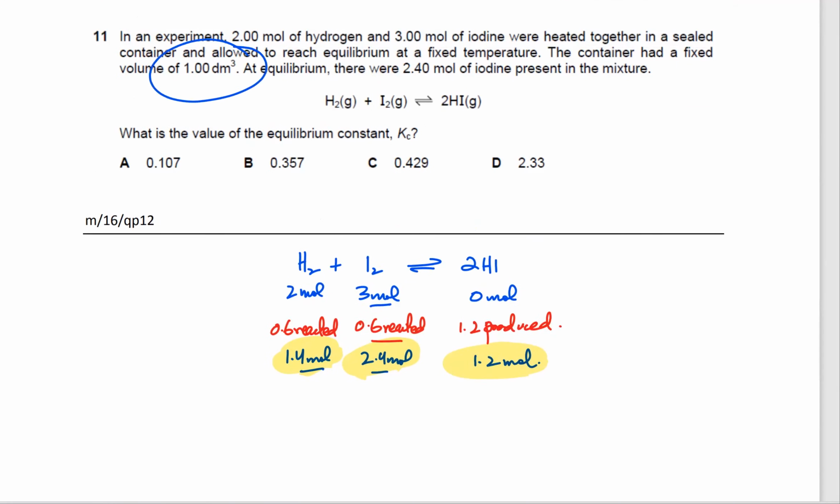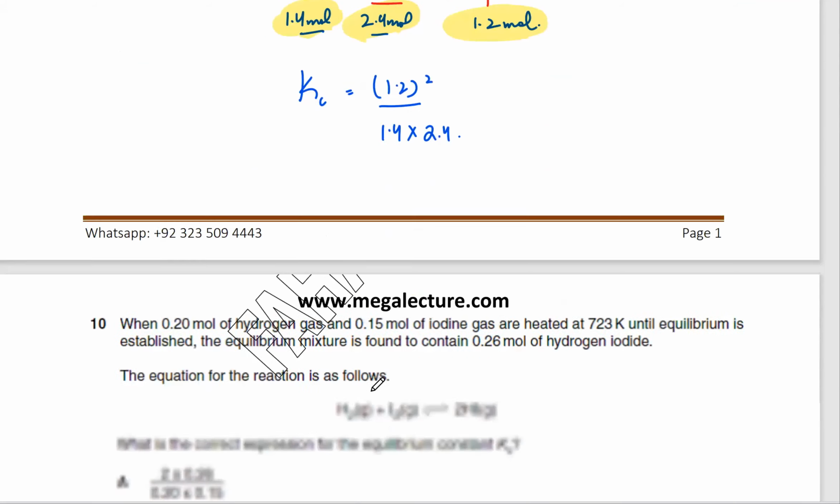The container has a volume of 1 dm cubed, so the concentration is going to be exactly the same as the moles. So Kc would be 1.2 squared on top, over 1.4 times 2.4 on the bottom, right? Is this clear? Yep. The answer is C.